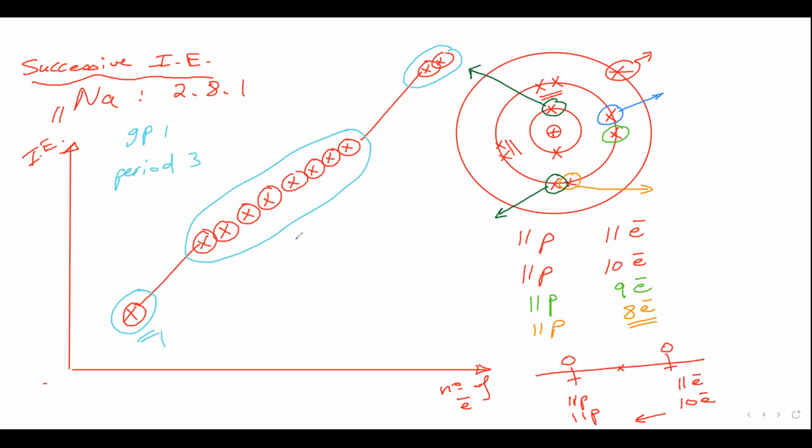We have 1, 2, 3 sets, so it belongs to period 3. So in this way, by using ionization energies, we can determine the position of any element in the periodic table. Of course, we are talking about the main elements, not the transition ones. So by using the successive ionization energies for any atom, for any element, we can get its position in the periodic table, which group and which period.